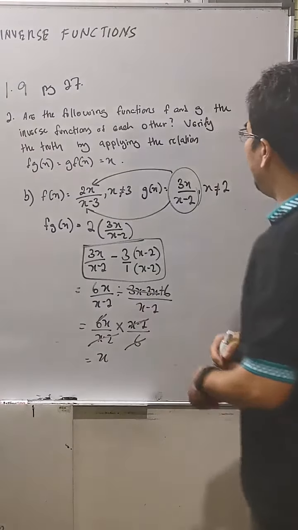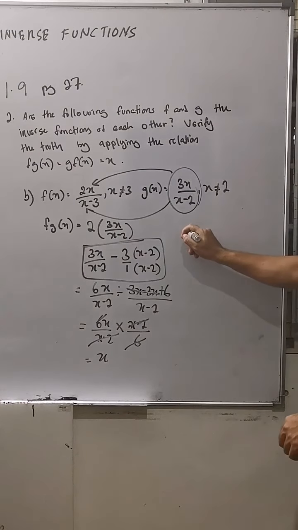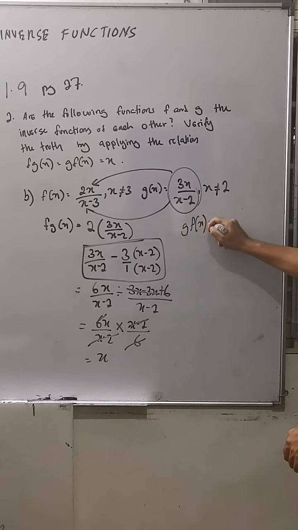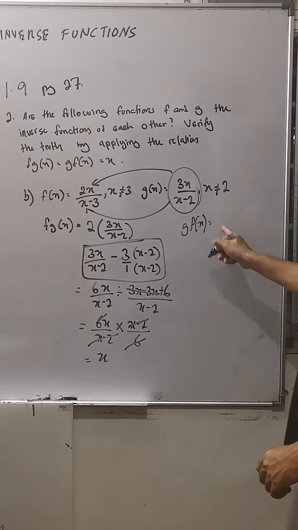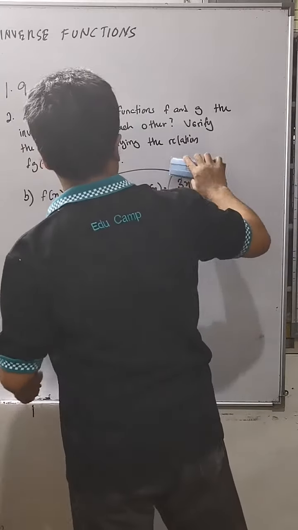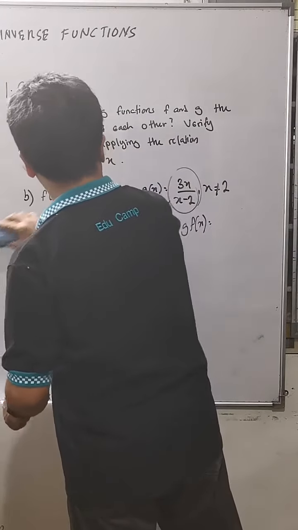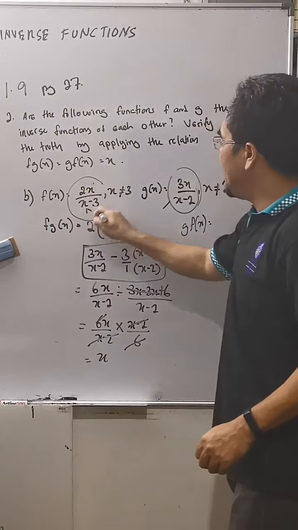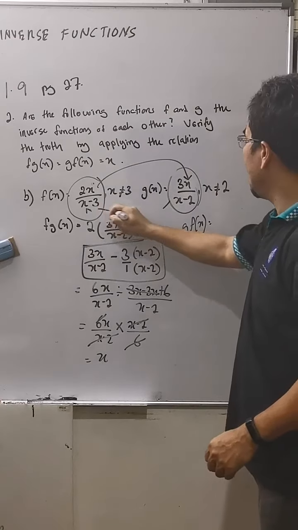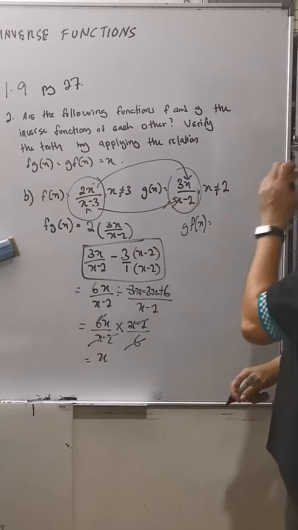What happened for gf? For gf, it will be substitute f inside g. Substitute this where x is, once and twice.